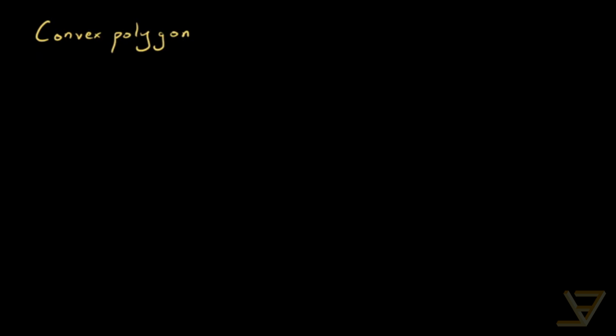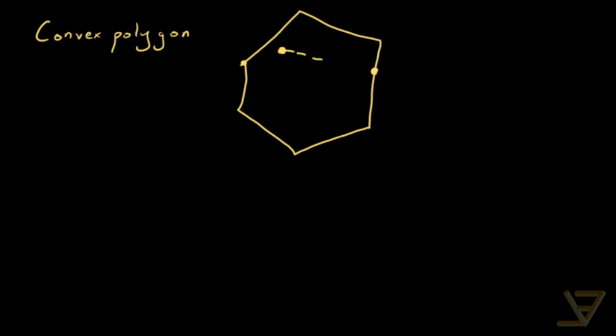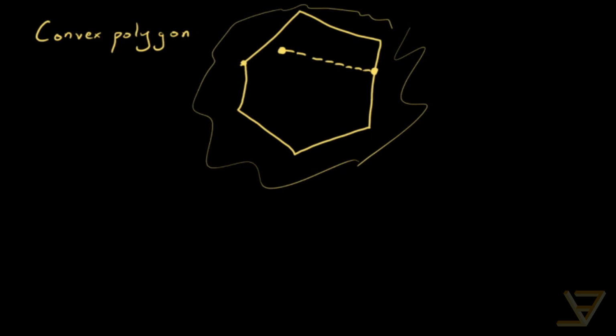A convex polygon is going to mean that it's a polygon, so we have a bunch of line segments that come together, but it satisfies the property that if we have a point either on the interior or on the boundary, and another point either on the interior or the boundary, then when we connect them, it does not go to the exterior. It stays in the interior or the boundary, this line segment. So that's what a convex polygon is. There are other characterizations, but this is the one that we're going to need.